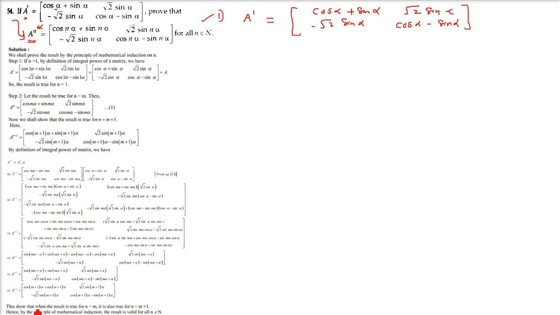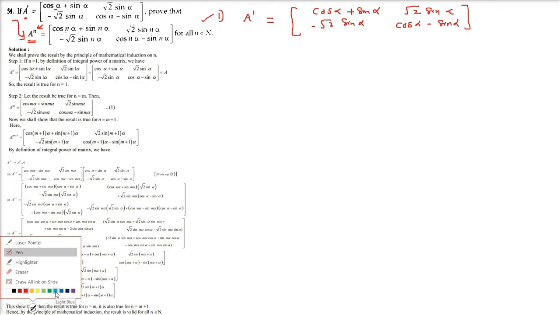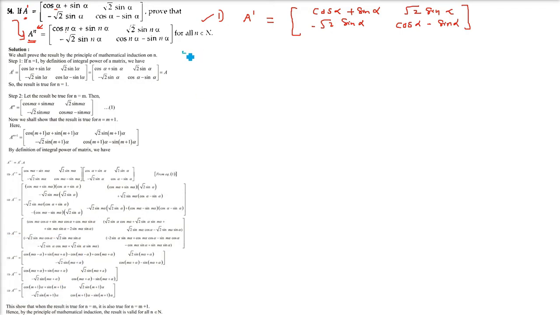Now coming to the second step. Here we assume that this is true for n equals k. Okay, so just put k as n. So cos k alpha, wherever n is there, put k. Cos k alpha plus sin k alpha, then minus root 2 sin k alpha.